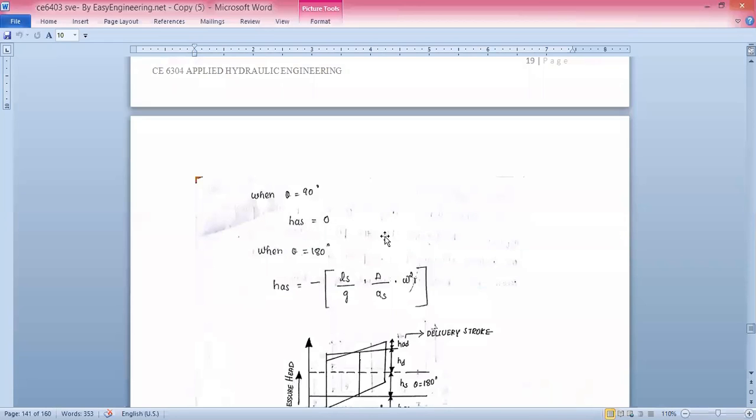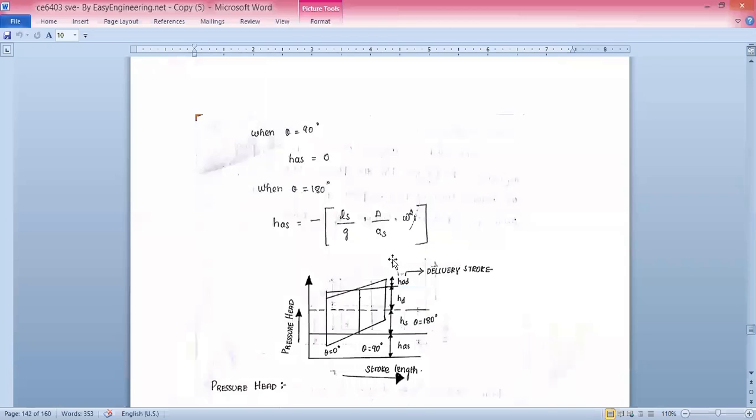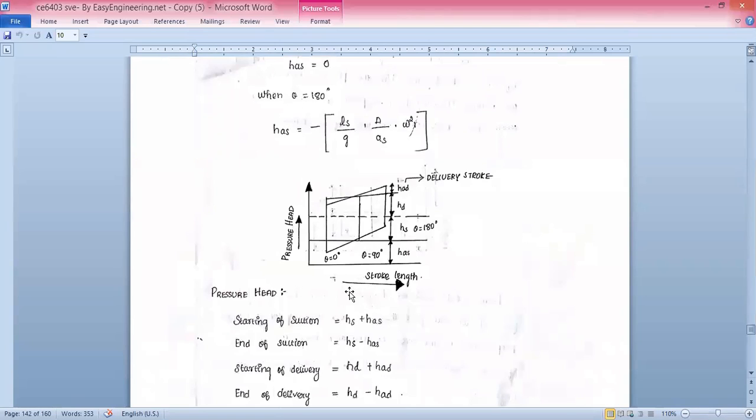When theta is equal to 180, then the values change. So h_as is equal to minus Ls upon g into A upon As into omega square r. Okay, in this bracket there is some change in the values. There's an inclination taking place from 0 to 90, and then we move towards 180 degrees. So that is the delivery stroke.